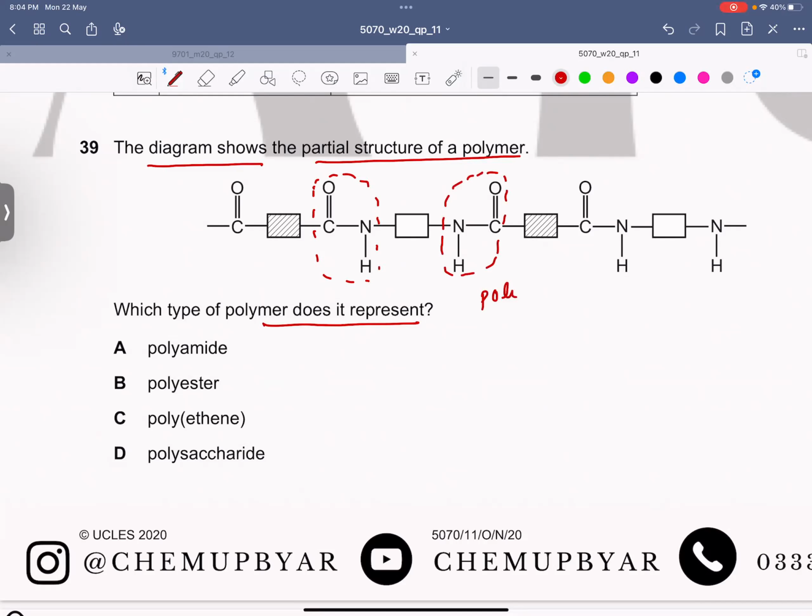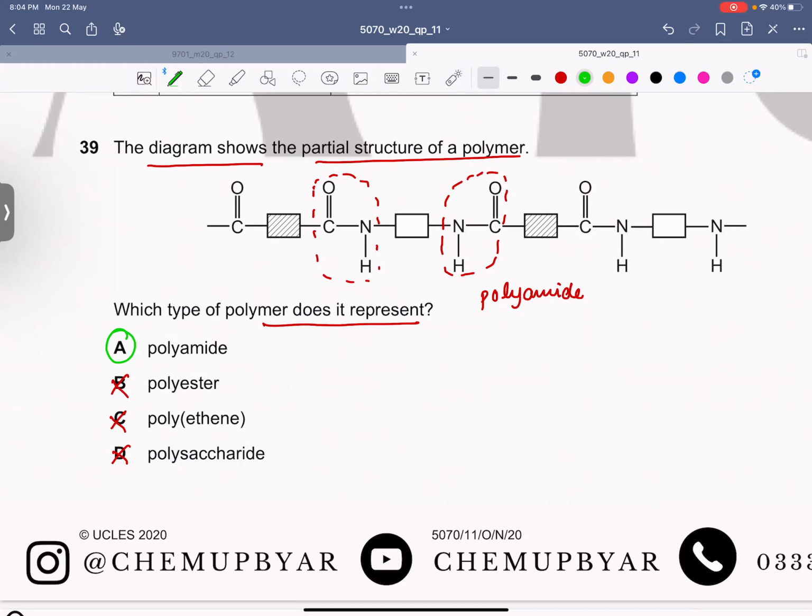So it's a polyamide. So B, C, and D go wrong, and A is my correct answer. Yes, Hassan and Abdullah, is this clear? Yes.